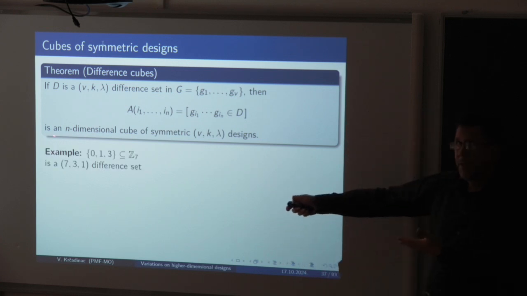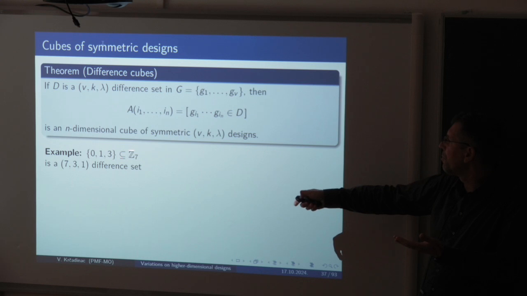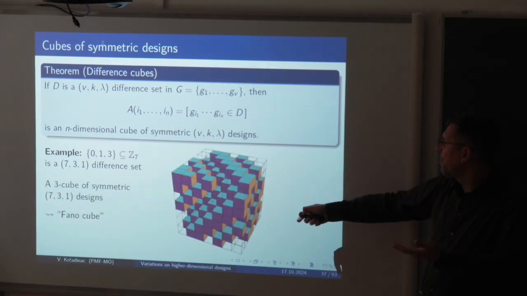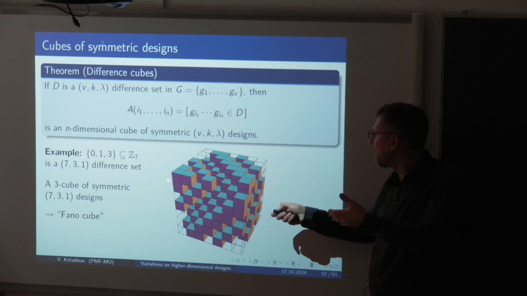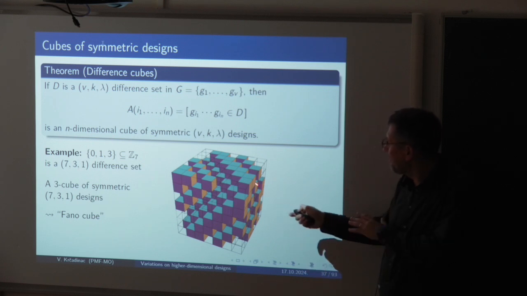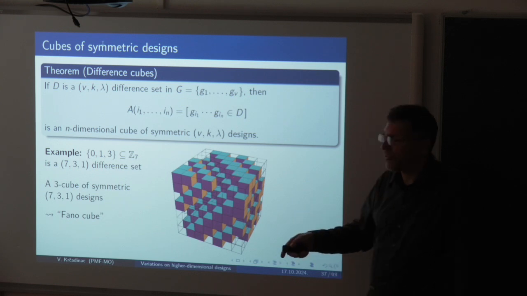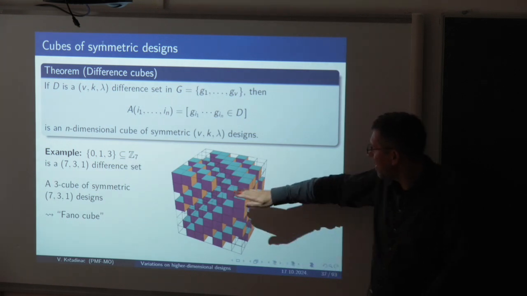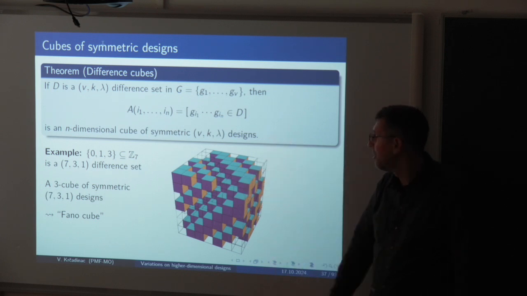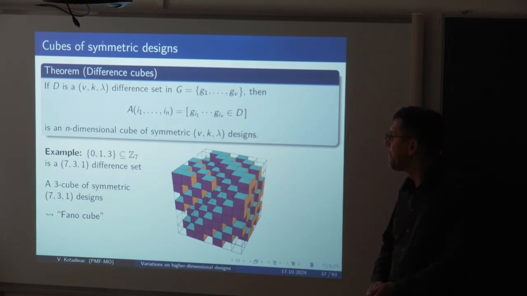From the difference set for the Fano plane, 0, 1, 3 in the group of order 7, you can build not just the Fano plane but also a cube of Fano planes. So the filled cubes are ones, the empty ones are zeros, and whenever you take a slice, any two-dimensional slice you want, it's going to be an incidence matrix of the Fano plane.